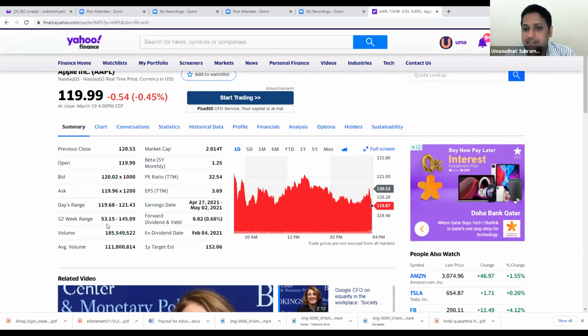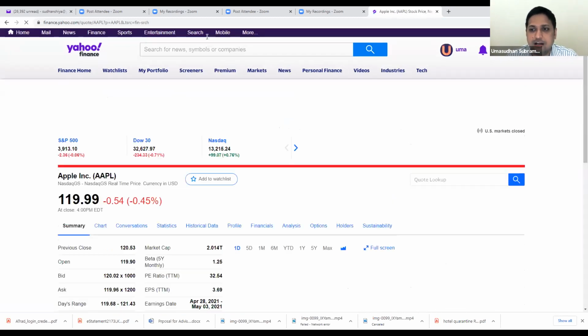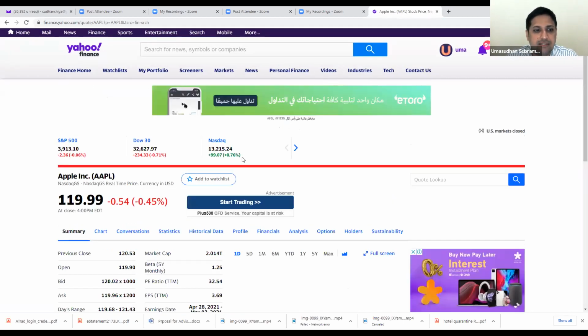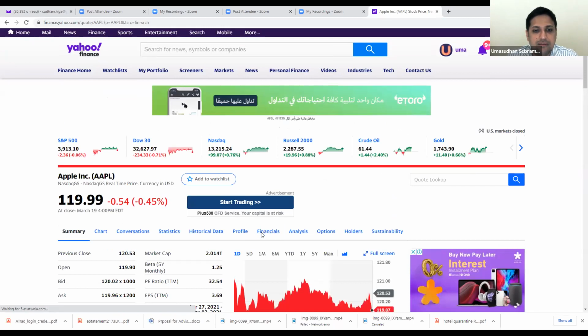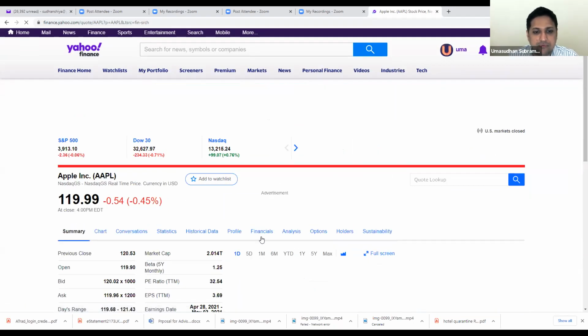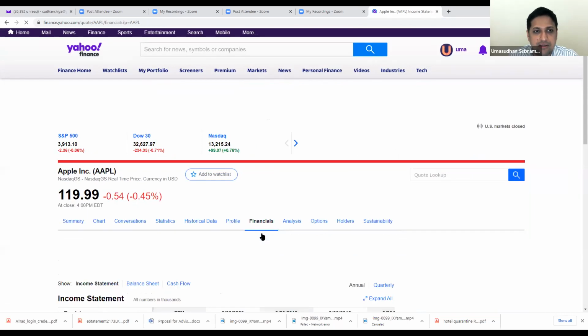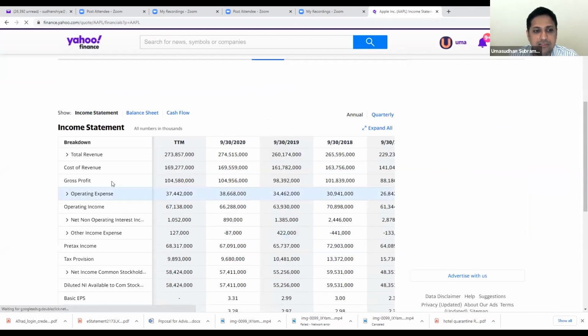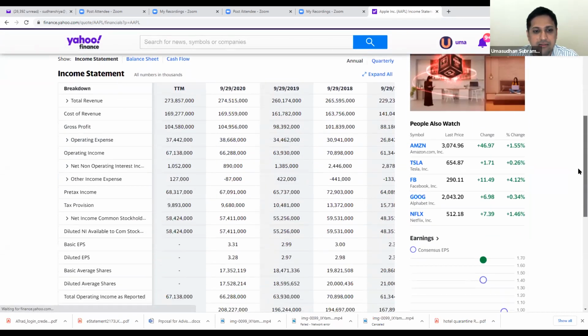This is common sense, isn't it? Is this possible? If you look at their financials, you will understand what I'm talking about. This is their P&L.